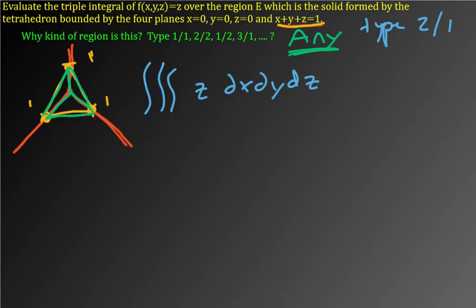All right, so now we have to get the bounds of all of this, and it's not too bad. Z equals 0, X equals 0, Y equals 0, so all the lower bounds are going to be 0. It's probably not too hard to see that. So I can go 0, 0, 0.